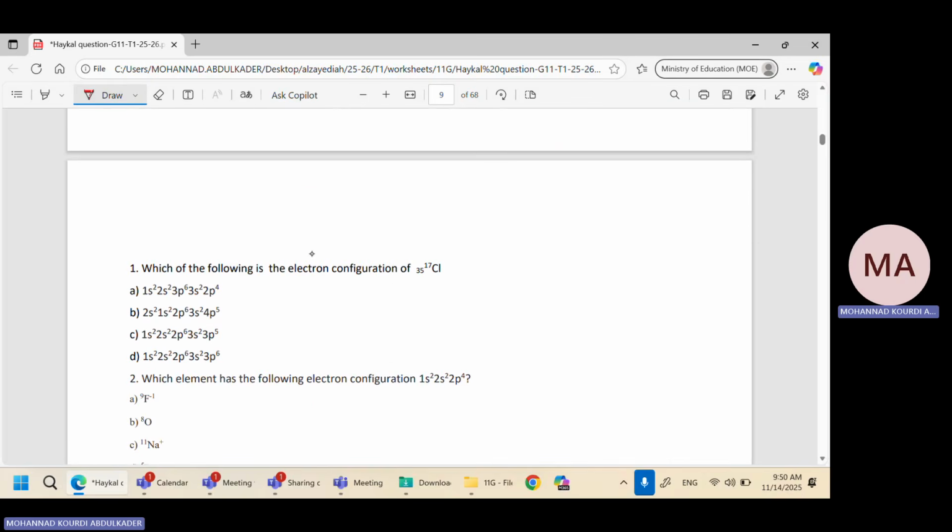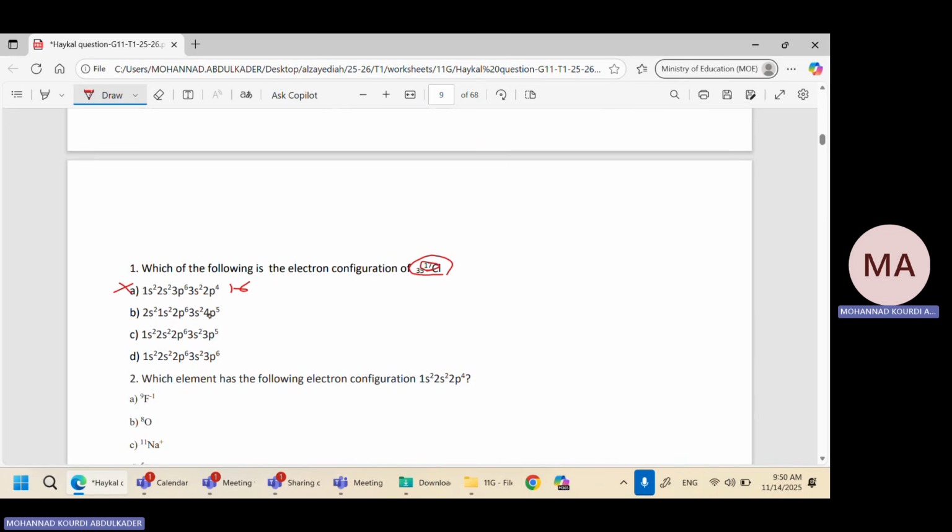Question: Which of the following is the electron configuration for a chlorine atom, which has 17 electrons? The key is that I need to count the electrons. If it's 17, then okay, and check the correct electron configuration. Here I have 16 electrons, so X on A. Here I have 10 plus 7 is 17.